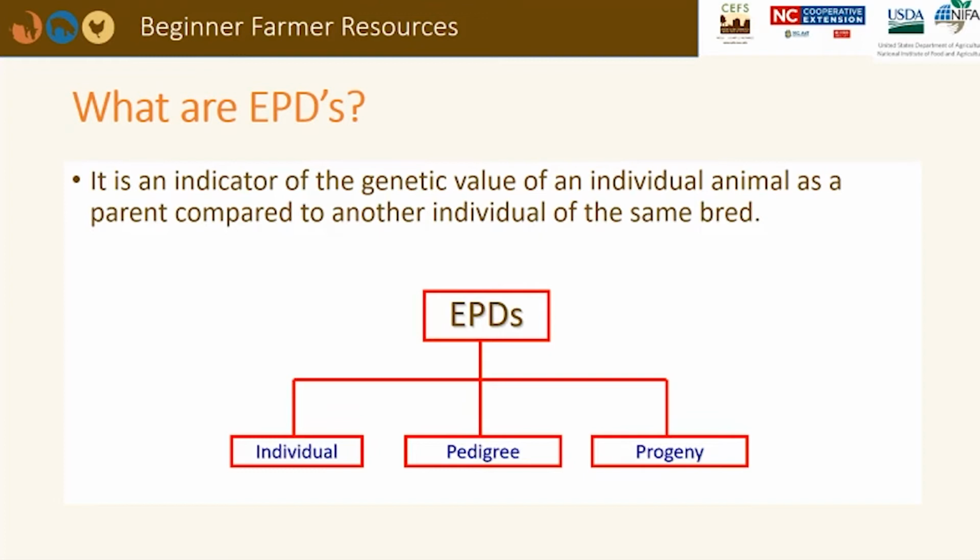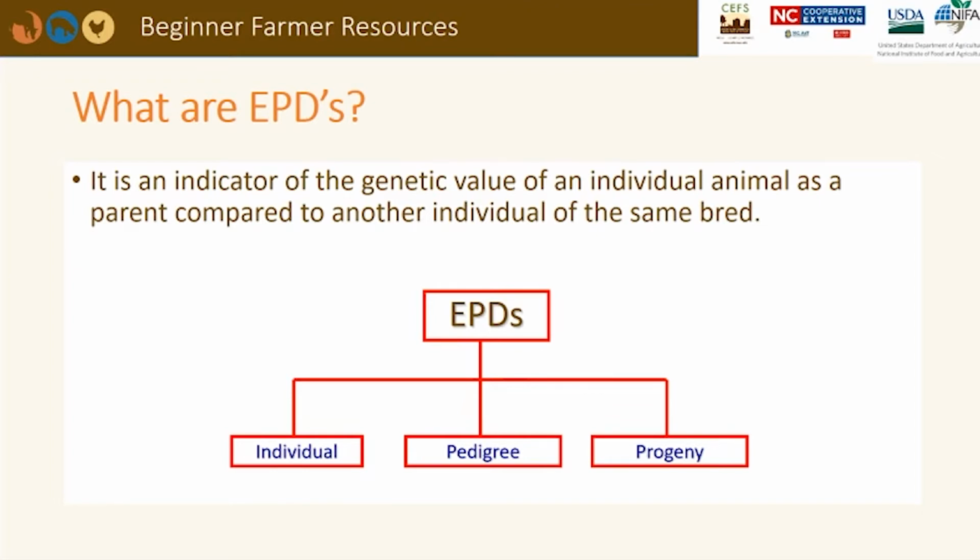So what are EPDs? An EPD is an indicator of the genetic value of an individual animal as a parent compared to another individual in the same breed. So this is simply a way of comparing one animal to another within a breed. For example, if you're looking for an animal with a low birth weight, the birth weight is indicated as plus or minus from an average in terms of pounds.